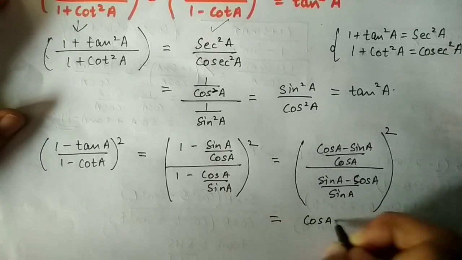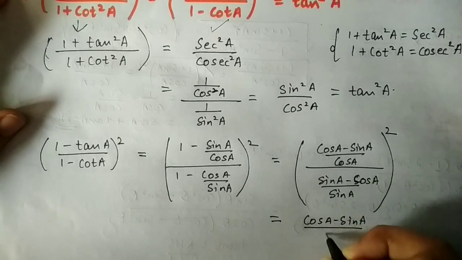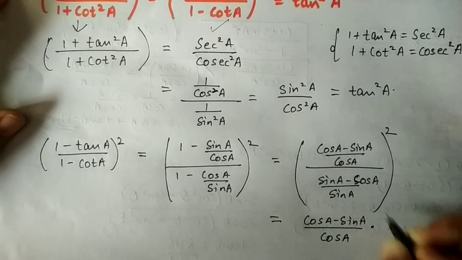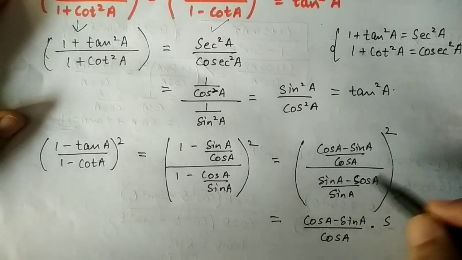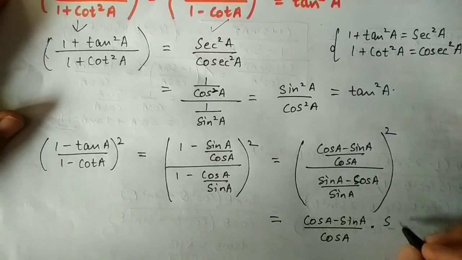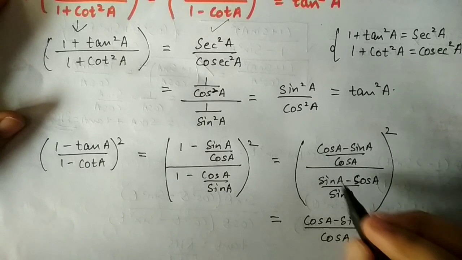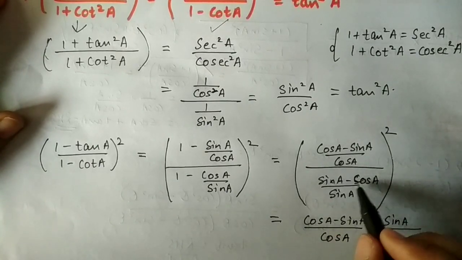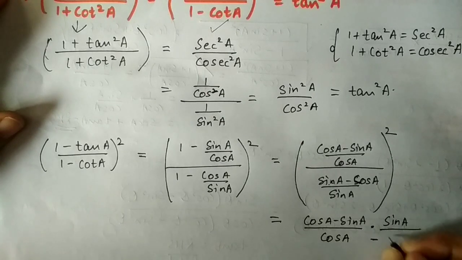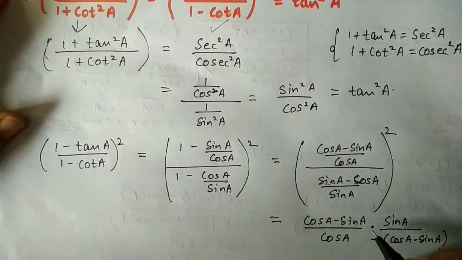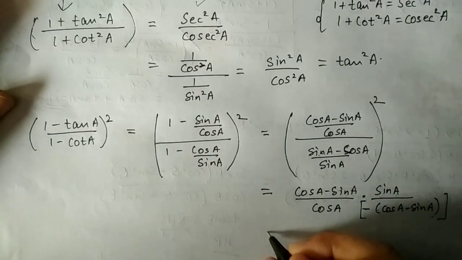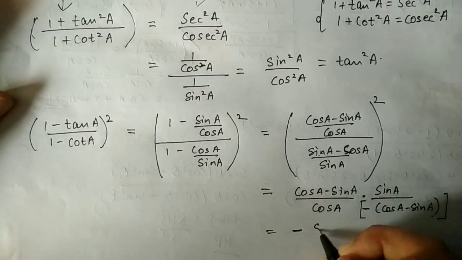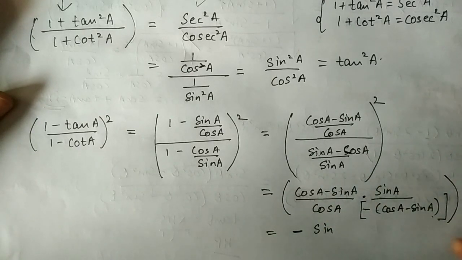So now this is equal to cos A minus sin A divided by cos A, into, since it is in division, when you multiply you take the reciprocal, so it is sin A upon sin A minus cos A. If you take the minus sign common from this term, we get minus cos A minus sin A. We have taken the minus sign common so that we can cancel these two terms. So take the minus sign out and sin A also whole square is there.